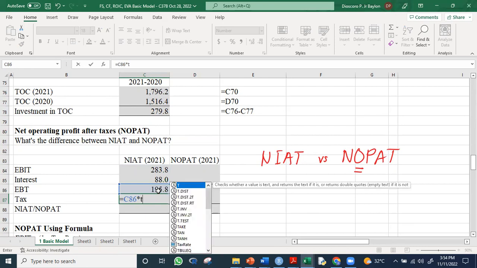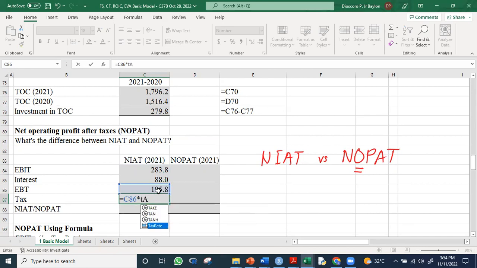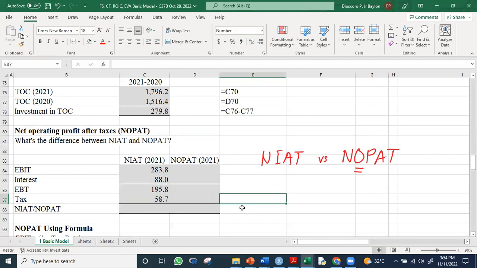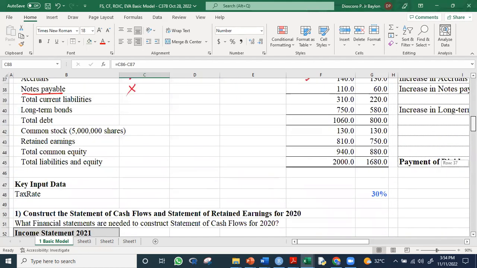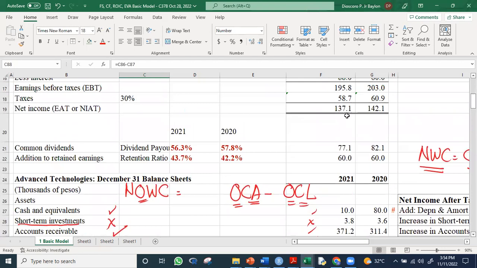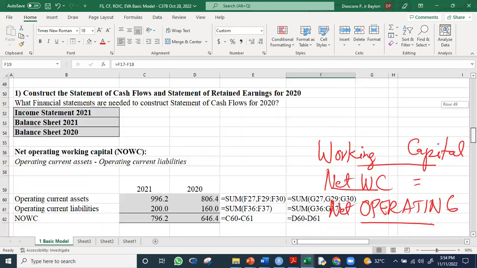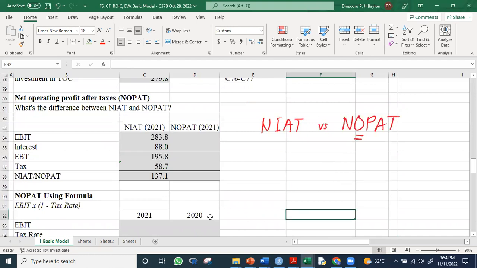This times, I think we gave a name to it, tax rate. Okay, so that's 58.7. Therefore, our net income after tax is this minus this. Okay, 137.1, which is this one. That's our net income after tax, 137.1. Okay, so we did the income statement. Okay, questions so far, class? Questions so far?